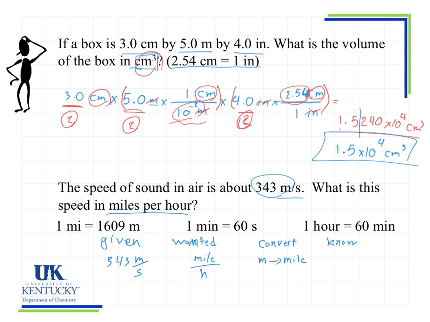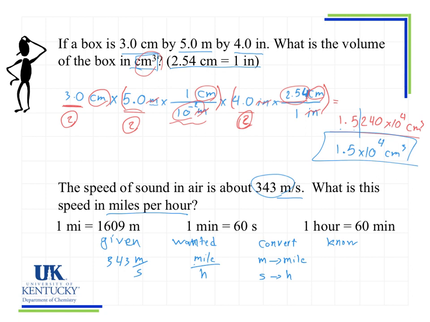We know the length unit is in meter here, and we want it in miles. So the length unit needs to be converted from meter to miles, and the time unit needs to be converted from second to hour.